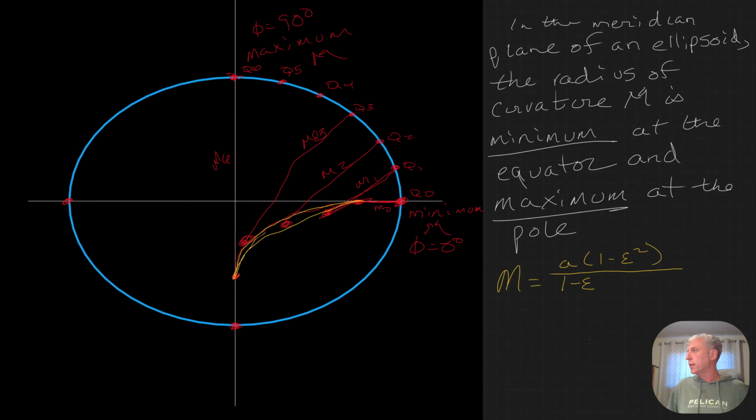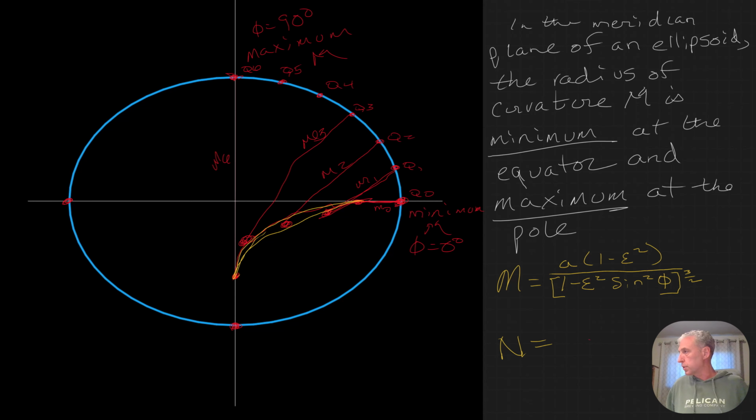So 1 minus epsilon squared sine squared phi. And here's where it's a little different. All of that to the 3/2 instead of 1/2. So a little bit different than N. I'll just write N here so you can compare.